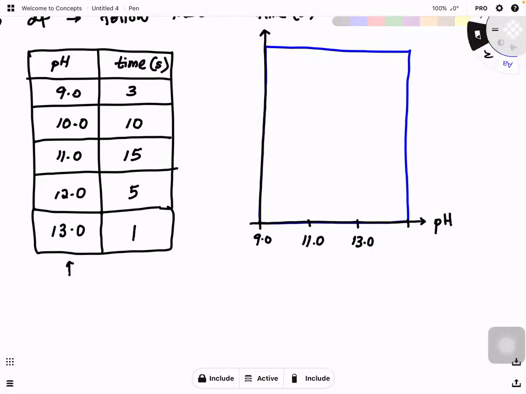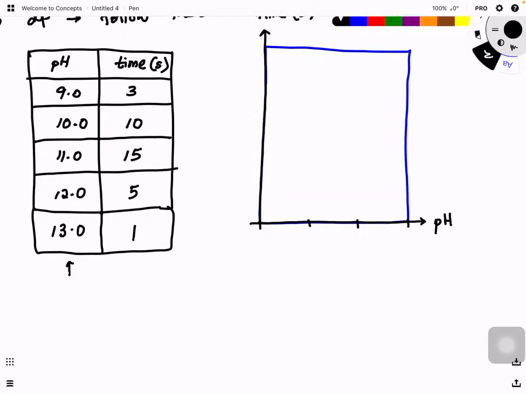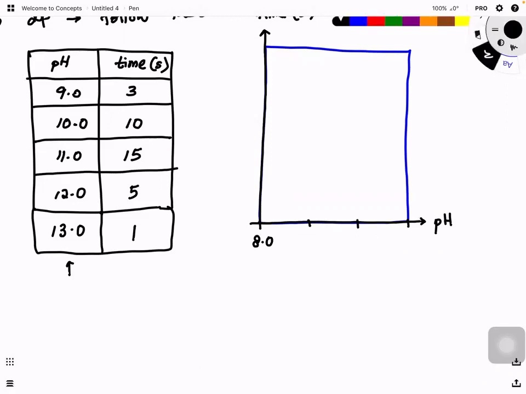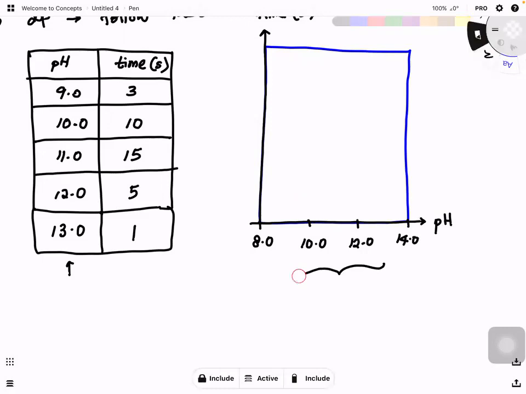If you don't want that, I can start another one: 10, 12, and 14. Then I will also cover from 9 to 13, so my graph is also big enough. Are you clear?